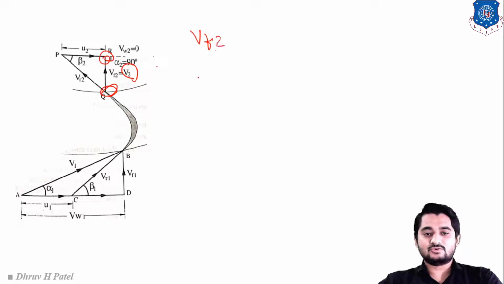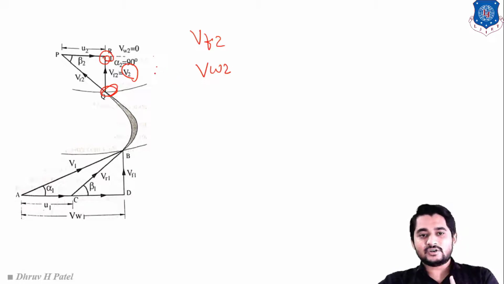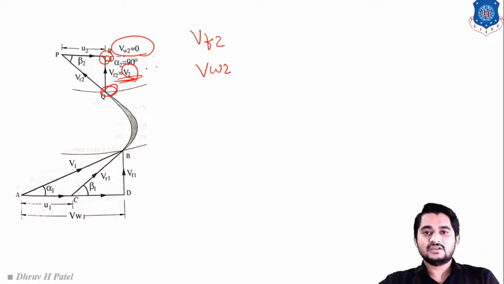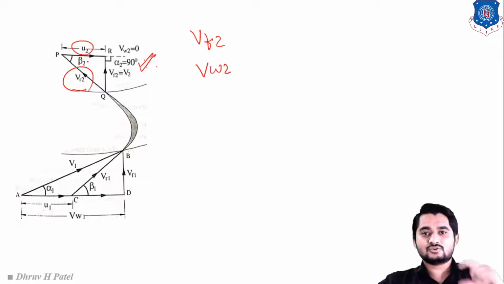First one is Vf2 and second one is Vw2. V2 itself is a vertical component, so we can write Vf2 is equal to V2 and Vw2 is equal to 0, right? Because V2 itself is a vertical component. In that situation, alpha 2 will be 90 degrees. Clear, students? Now between VR2 and U2, the angle will be beta 2, right, students?